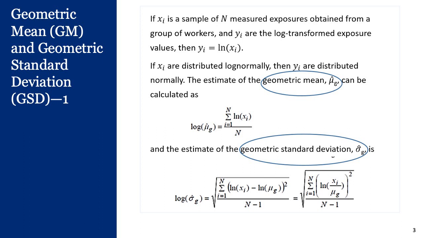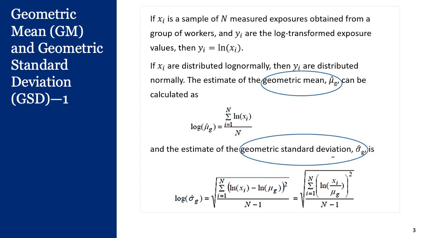And we are going to take advantage of our knowledge of the normal distribution, or the Gaussian distribution, to understand the log normal distribution. So the geometric mean, mu sub g, can be calculated as shown in this formula, where you take the log transformation of each measurement x_i, add up all the measurements, and then divide by the number of measurements.